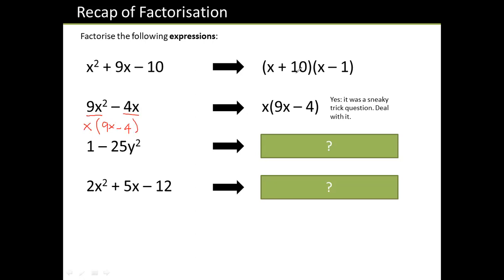Next, 1 minus 25y squared. Baikal, what are the factors? Take note, those are squares. 1 can be squared, 25 can also be squared, and y can also be squared.